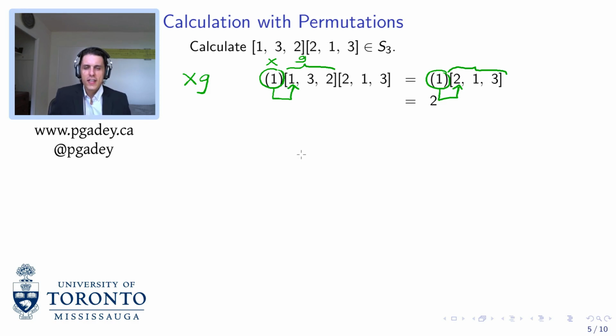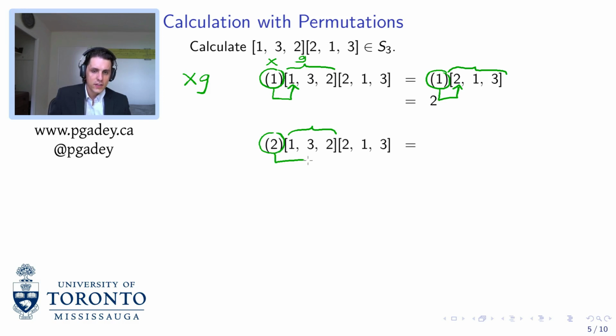Okay, let's have a look at how we would calculate what this permutation does to 2. So now this is our x, this is our g. To figure out what this does to 2, we look at the second position in the table of values, and we see that it should output a 3. So we get a 3 here. Now we're going to input this 3 into this permutation.